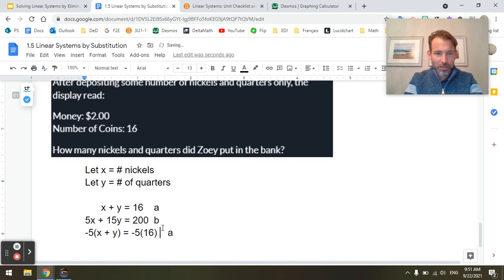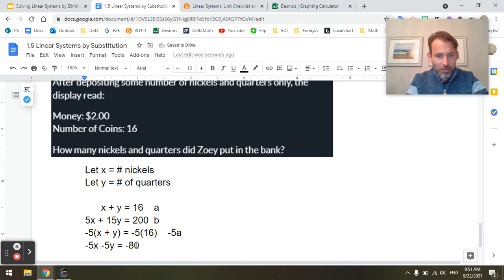Now, do the work. Negative 5x minus 5y is equal to negative 5 times 16. Negative 5 times 16 is negative 80. So I have negative 80 there.